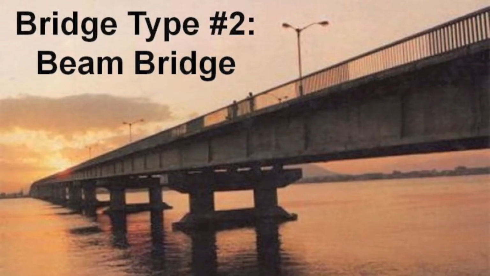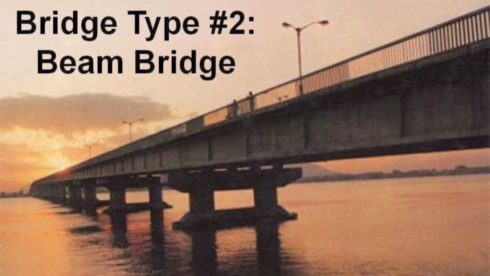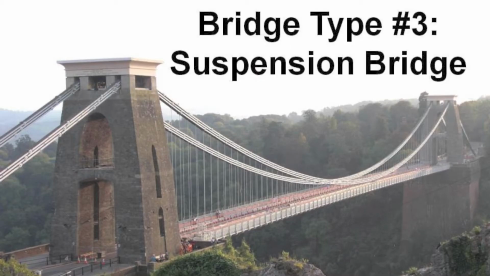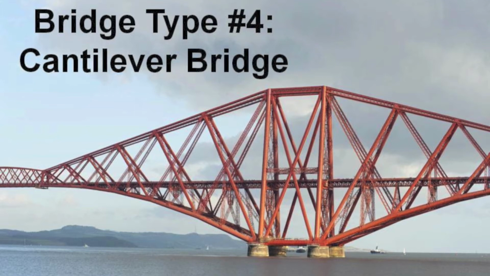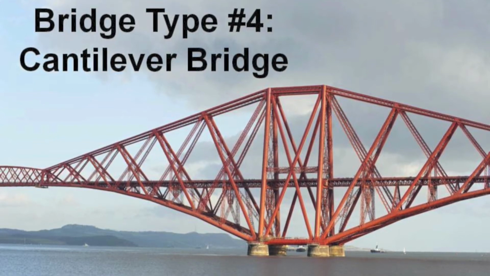Some popular beam bridges in the world include the Fuller's Bridge in Wales and the Albert Bridge in London. There are also many well-known suspension bridges in the world, some of which being the Golden Gate Bridge in San Francisco and the Brooklyn Bridge in New York. Cantilever bridges are also still used today. Cantilever bridges around the world include the Forth Bridge in Firth of Forth and the Quebec Bridge in Canada.